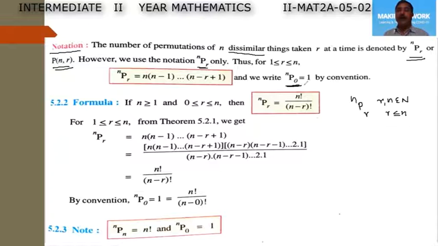Without taking any element, we cannot actually make any permutation, but per convention, whatever the order of the elements given, that is considered as one permutation. Therefore, nP0 is equal to 1.